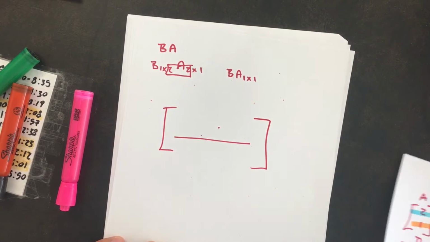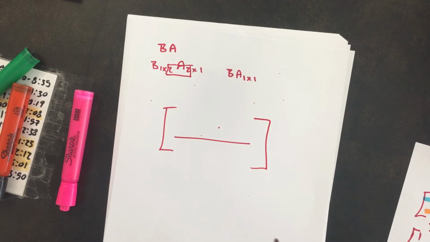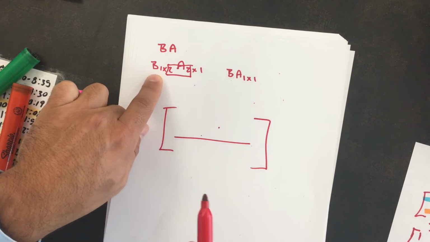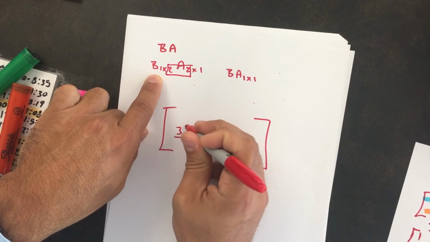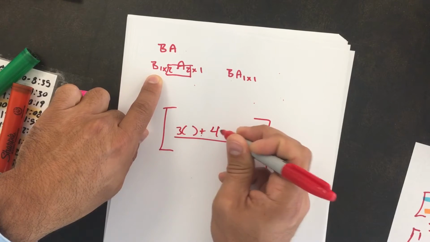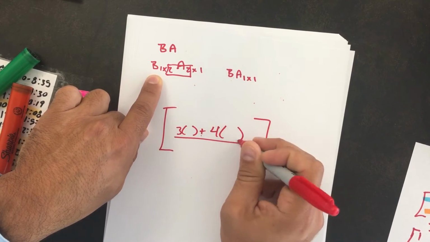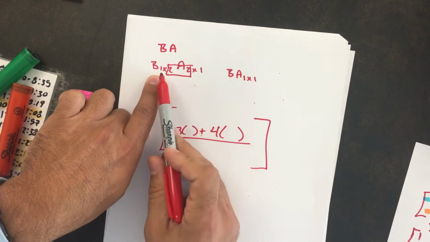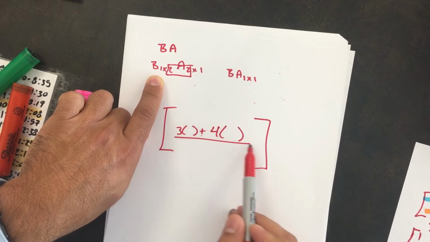We're going to follow the same process that I did on the other one. The first row of B is 3, and we're going to add the other part of the row, which is 4. So I'm going to do 3 times something plus 4 times something.